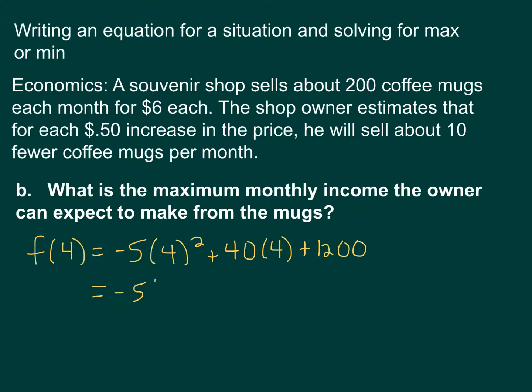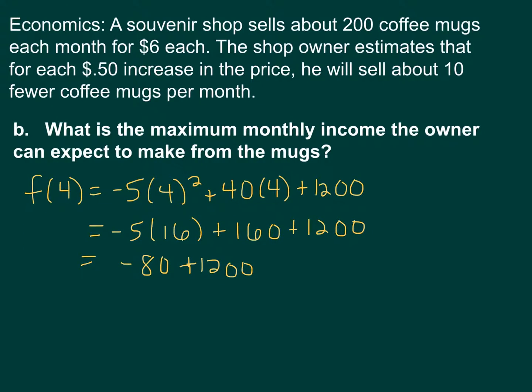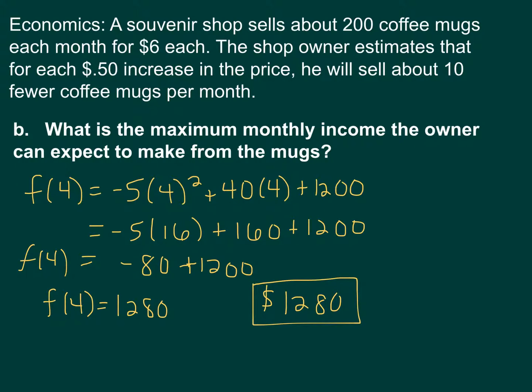So it's negative 80 plus 160 plus 1200, which is 1280. So he will make $1,280. That's the maximum profit he can make, because we knew that came from the vertex, which was after 4 increases. And to figure out how much that pays, you plug that into the function we created in part A.